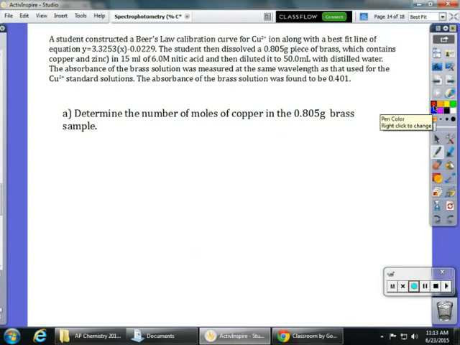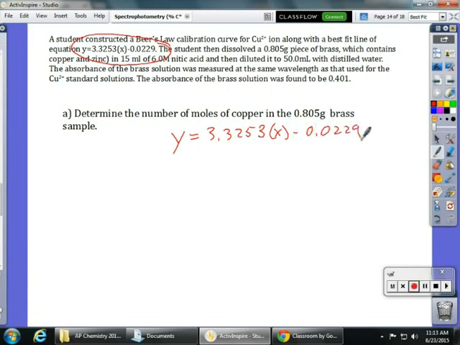So let's go back to the question. Our line of best fit is y equals 3.3253x minus 0.0229. Now, remember that x is the concentration, and y is the absorbance. So we can substitute in our absorbance.